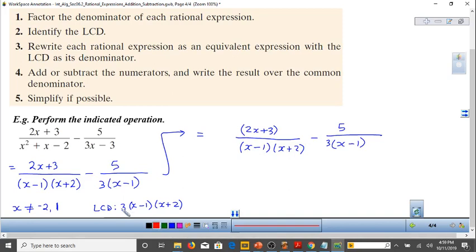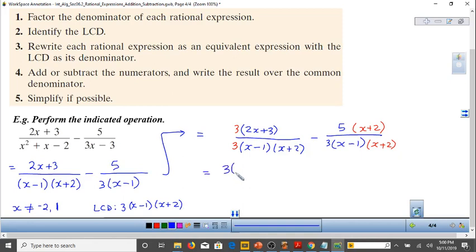What I will now do is multiply whatever factor is missing to the numerator and denominator. I'm going to multiply the missing factor, which is x plus 2, to both numerator and denominator. And then I'm going to proceed with the subtraction.